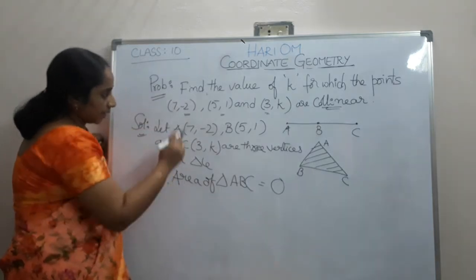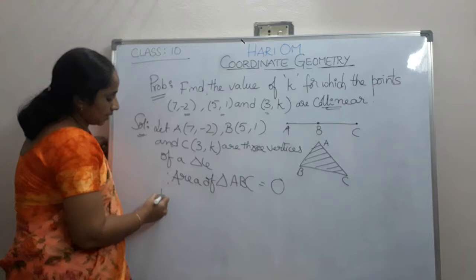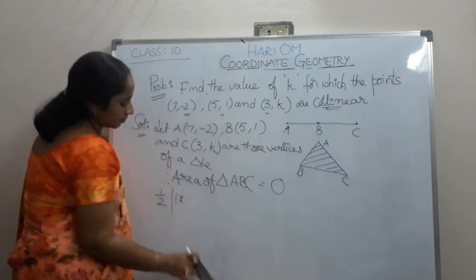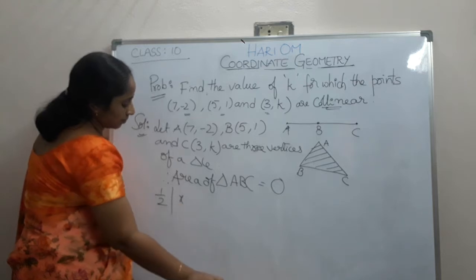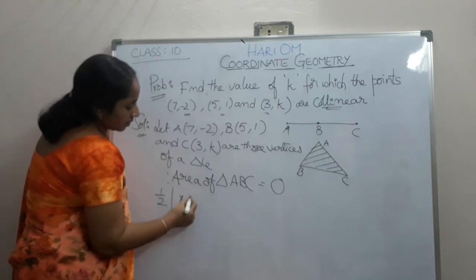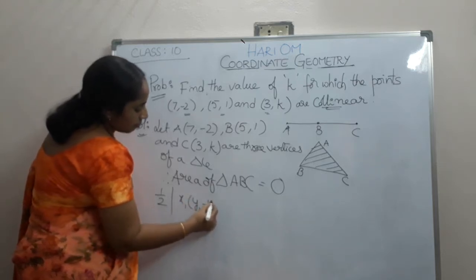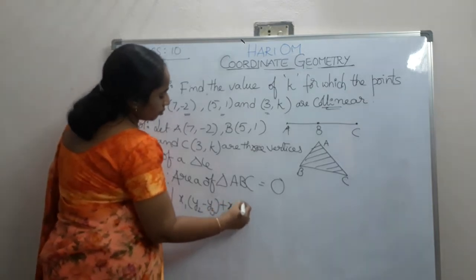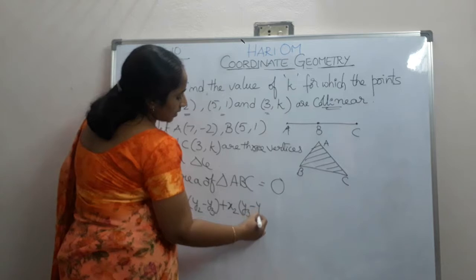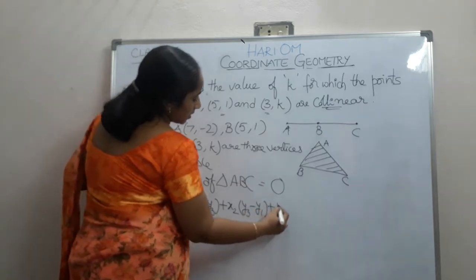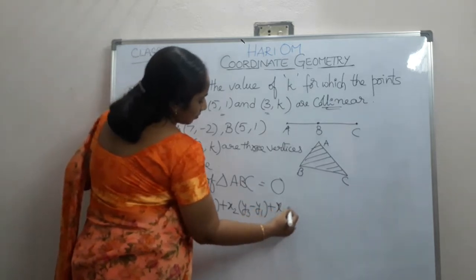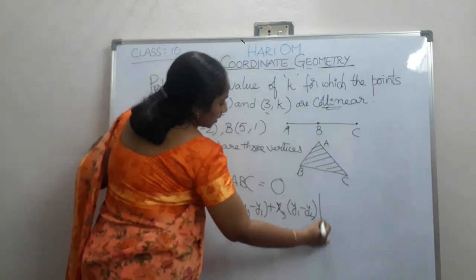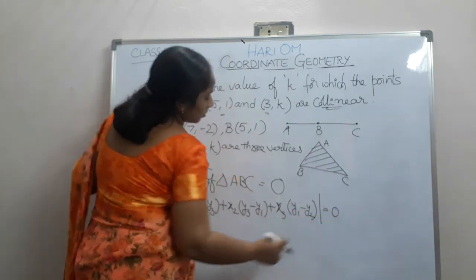So now the area of this triangle ABC is half of modulus of x1(y2 - y3) + x2(y3 - y1) + x3(y1 - y2), which is equal to 0.